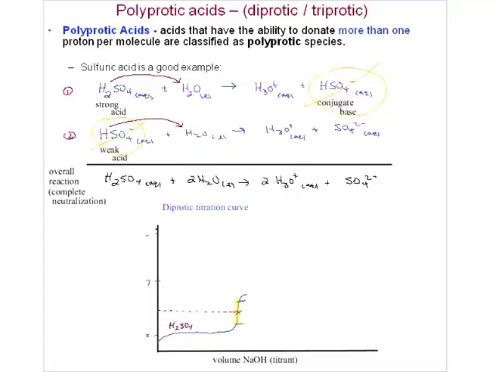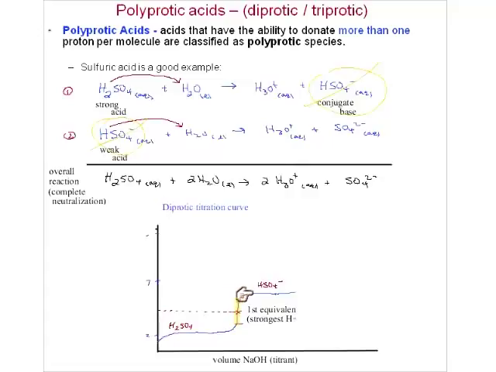So as we continue to add the sodium hydroxide, we see that the pH would shoot up. But what's happened now is all the sodium hydroxide has neutralized the sulfuric acid, but now the HSO4 minus is in excess, and that's going to keep the pH below 7.